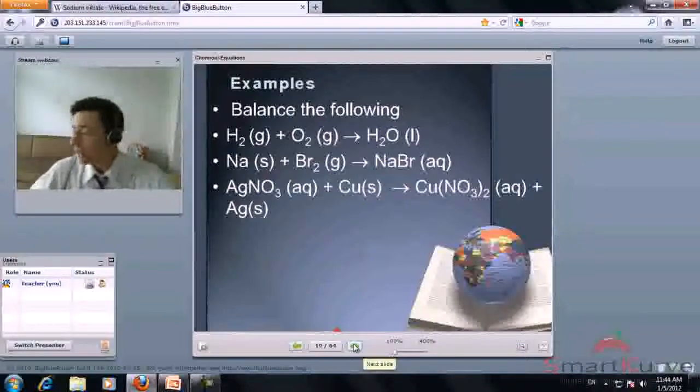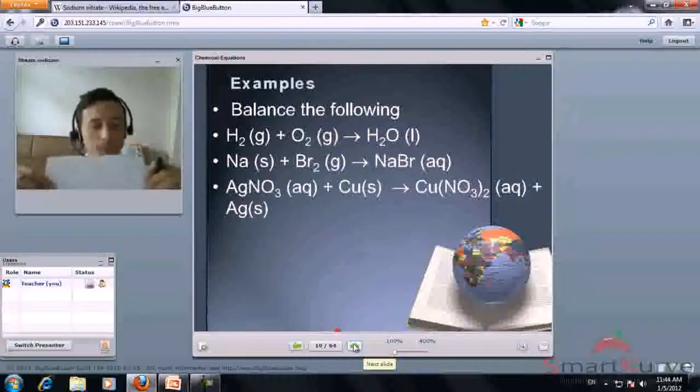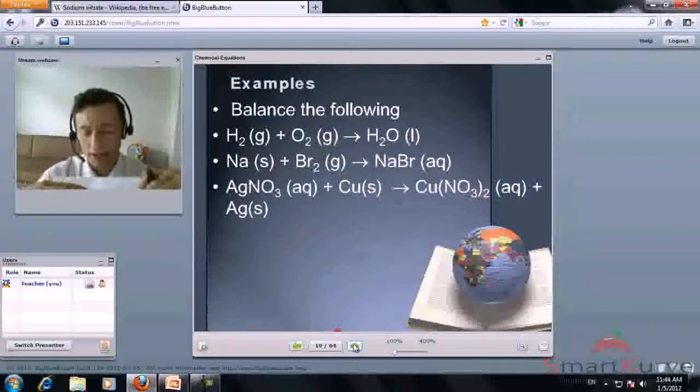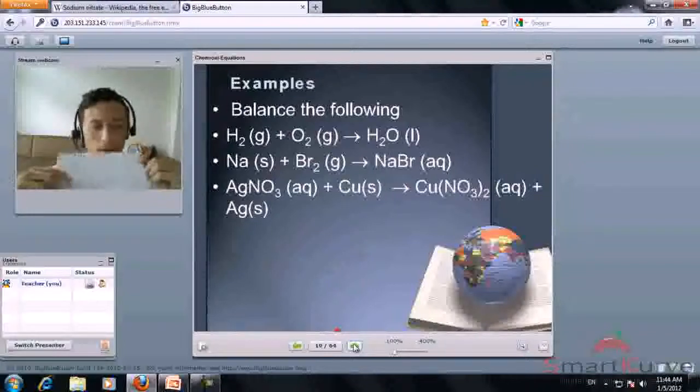All right. So let's go back to our equation. H2 plus O2 yielding H2O. Notice, in the reactant side, we have 2 atoms of oxygen. However, on our product side, we only have 1 atom of oxygen.